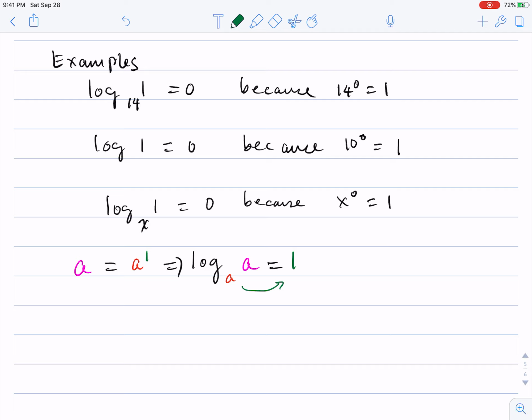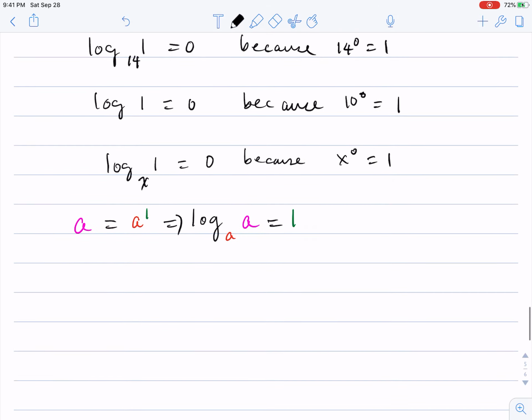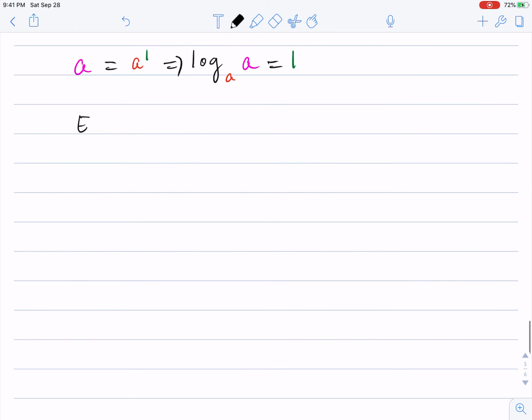Okay, let's have some examples. So what is logarithm of 5 to the base 5? 1 siya, di ba? Because 5 to the first power is equal to 5.